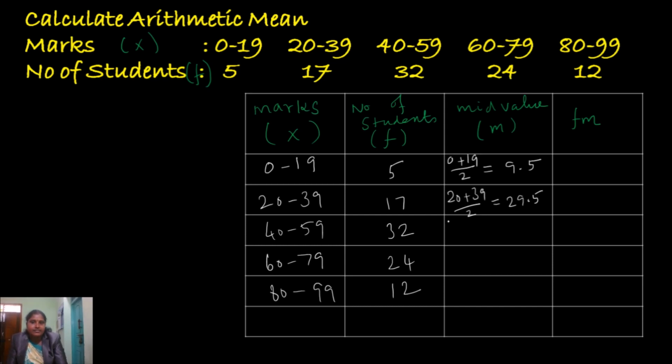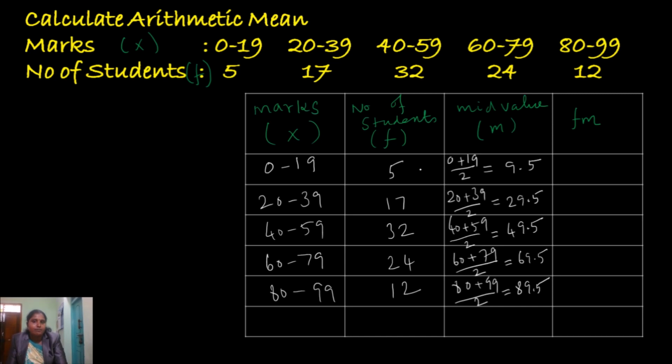For the next class interval, 40 plus 59 over 2, we have 49.5. For the next, 60 plus 79 over 2, we have 69.5. For the next, 80 plus 99 over 2, we have 89.5. So these are all the mid values of the class intervals given in our problem.